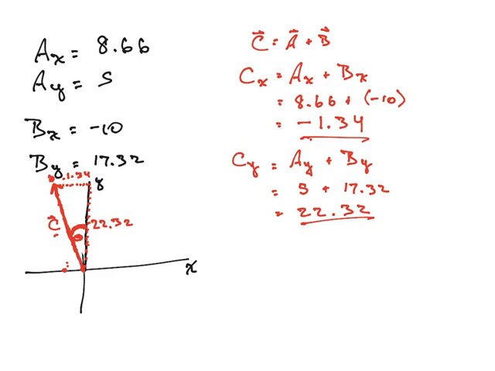So look at what we have. We have a right triangle. This side is C. Here's the y component. Here's the x component. I know this is 1.34, and I know this is 22.32.